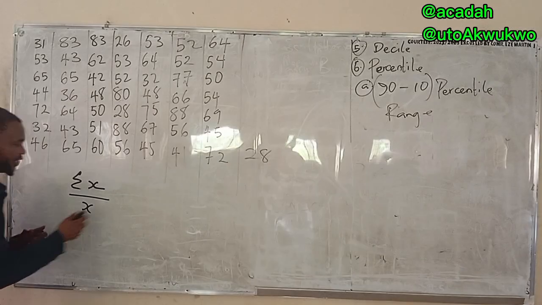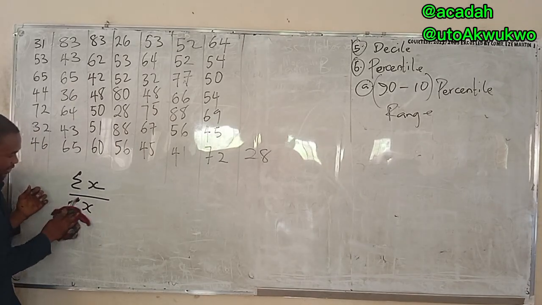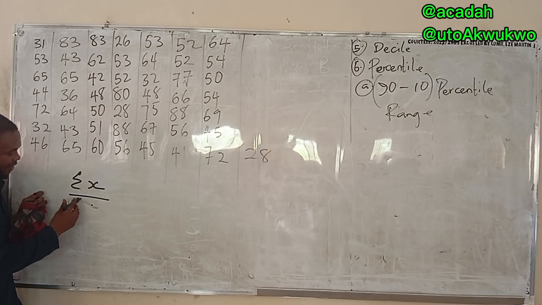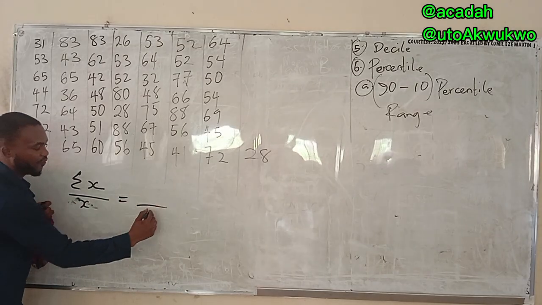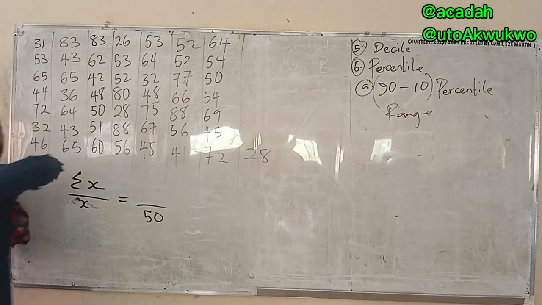So it's like saying over N, which is the same as saying over 50, then the sum of each of these things here.